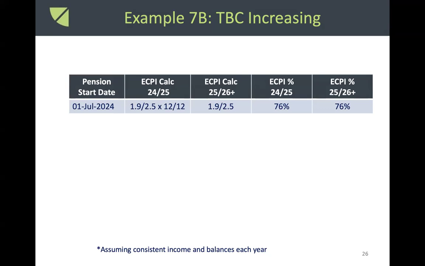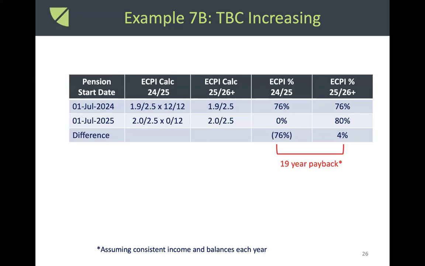As I said, it's not exactly 76 in future years because the accumulation balance will grow faster than the pension balance due to the drawdowns, but it's a reasonable approximation, especially in the earlier years. And alternatively, we could have 0 ECPI this year and 80% ECPI in the following years.